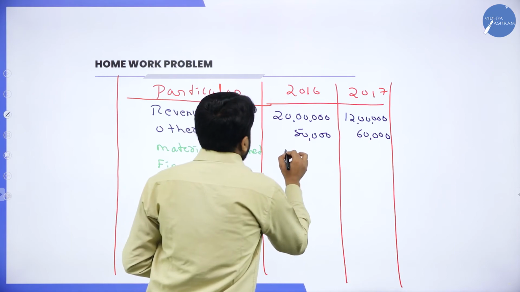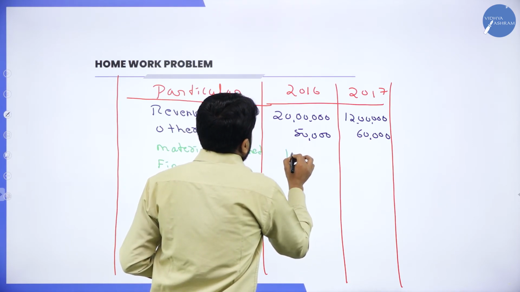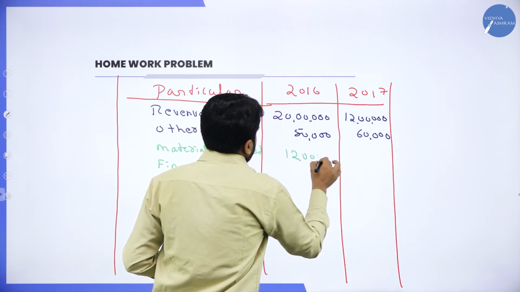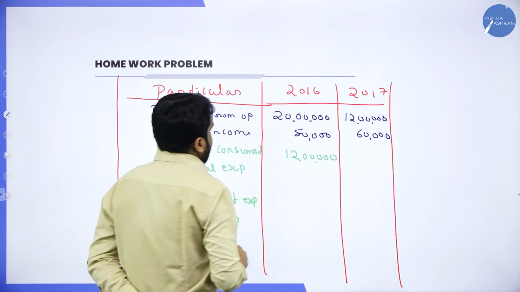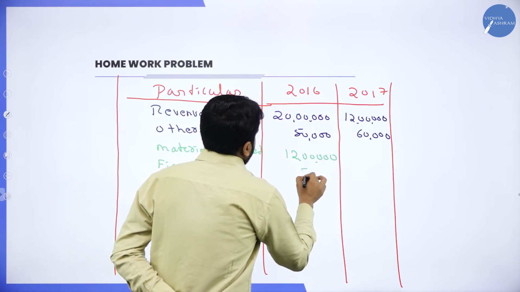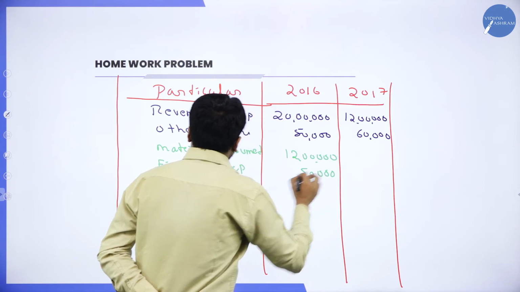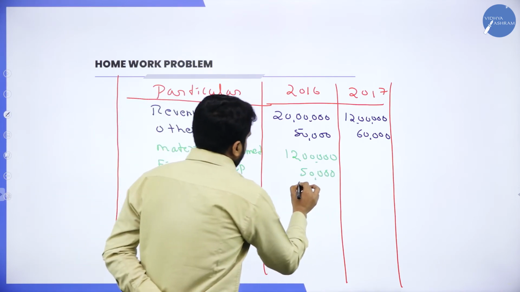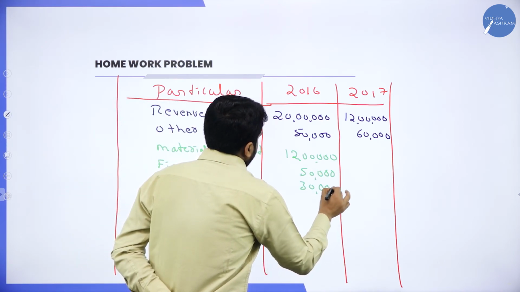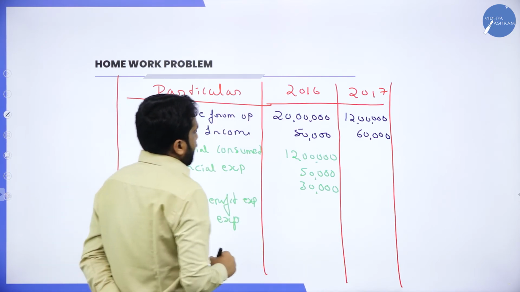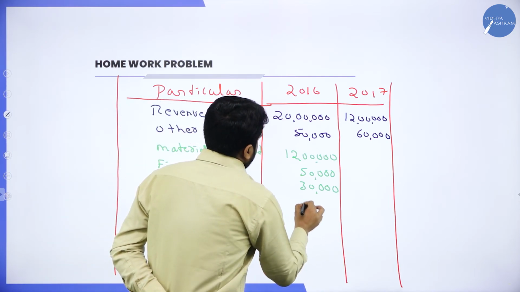Material consumed will be some 12 lakh. Financial expenses 50,000. Depreciation 30,000. Other expenses 20,000.